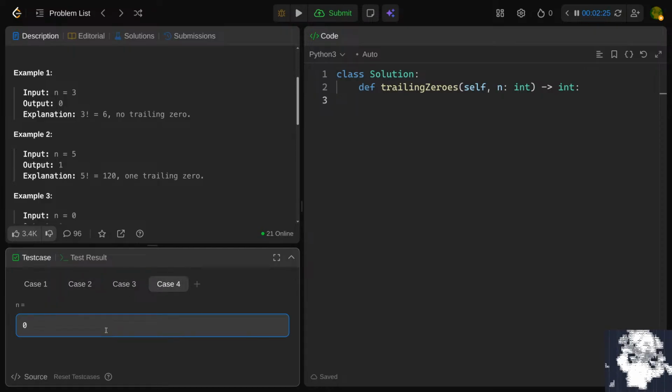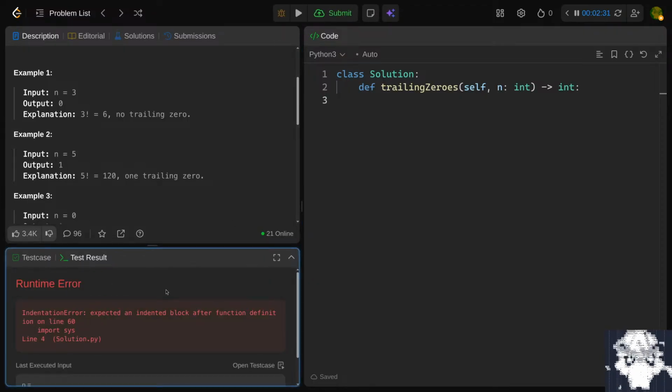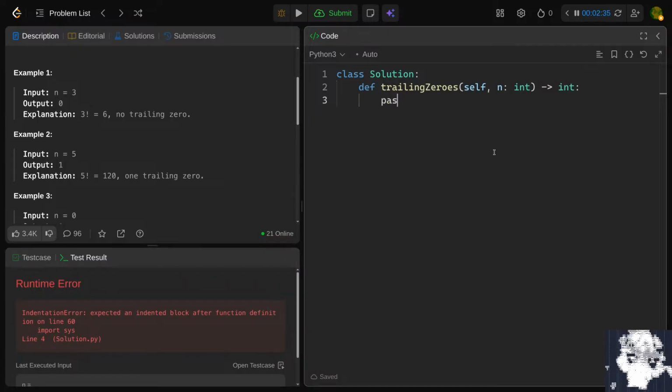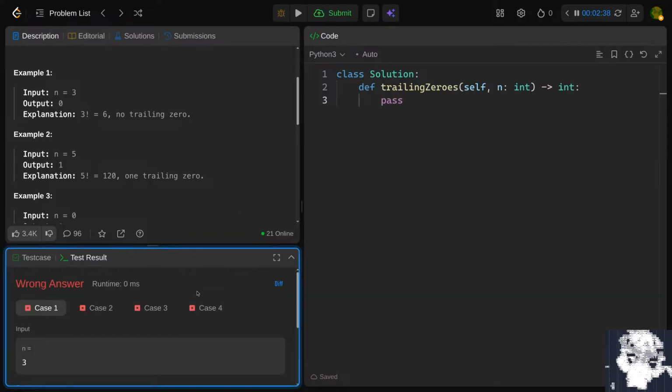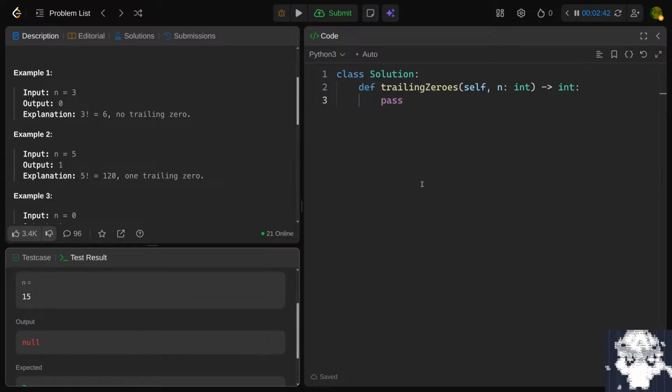So if I add a test case that's like 15, and I just want to see what it expects for that. Expected 3.